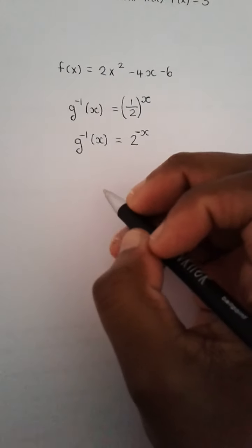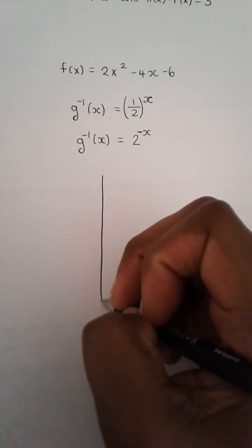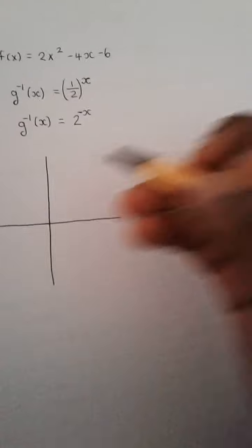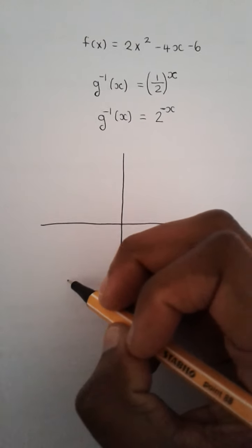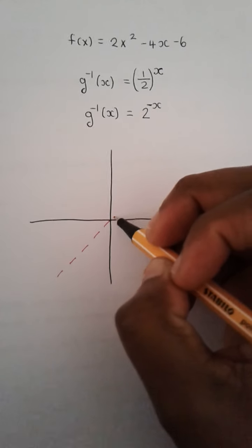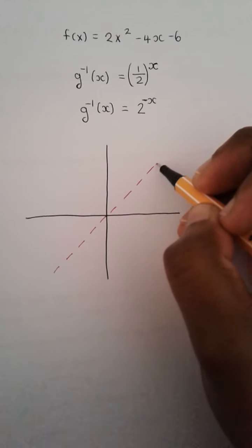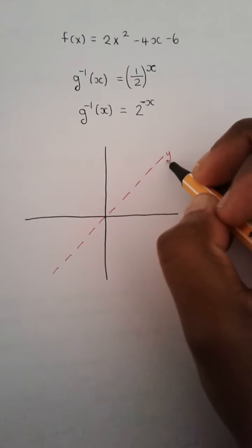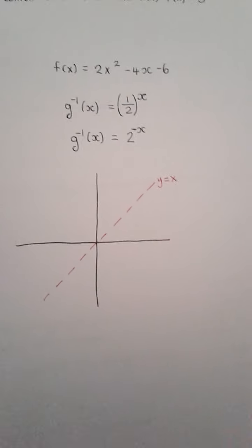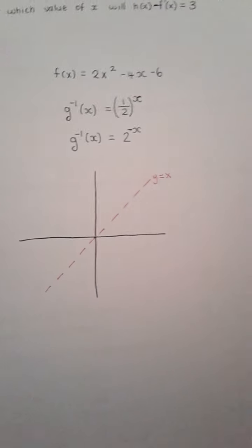And then we sketched it. So what we sketched was a line y equals x, and remember that we sketched the graph of g.